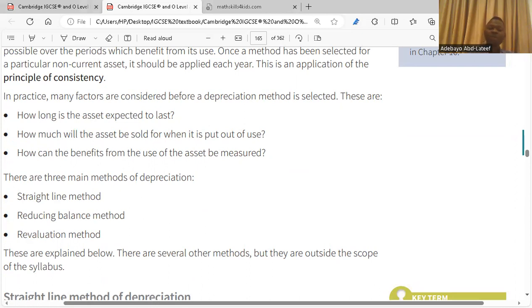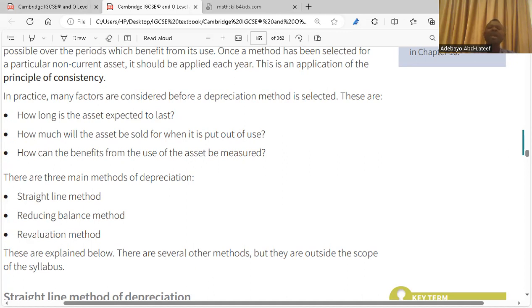So when you have to consider the method you want to use, the first thing you put into consideration is the expected lifespan of that asset. How long is the economic life of that asset? That's the first thing.